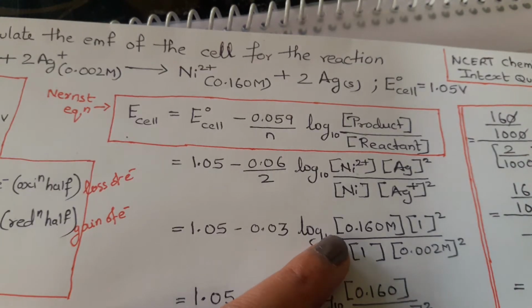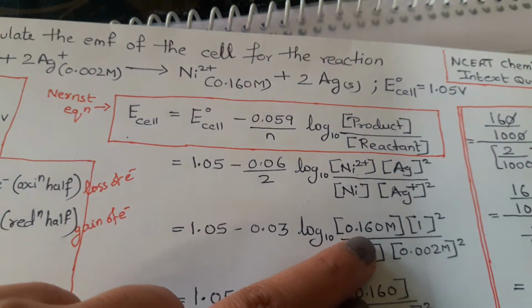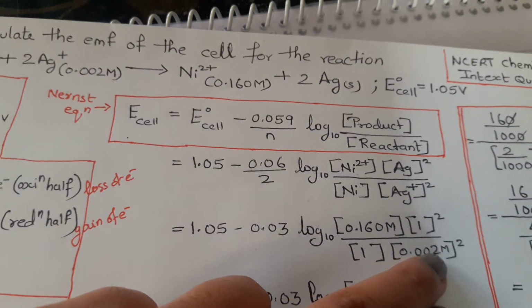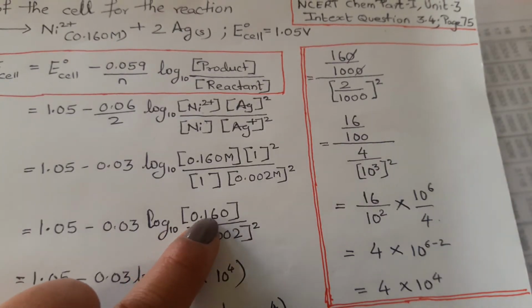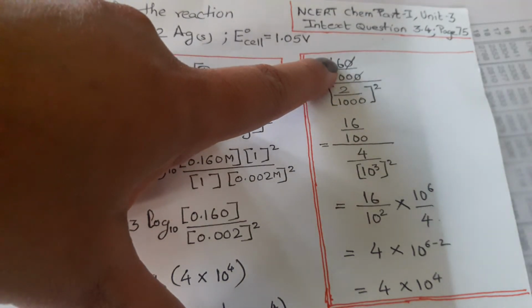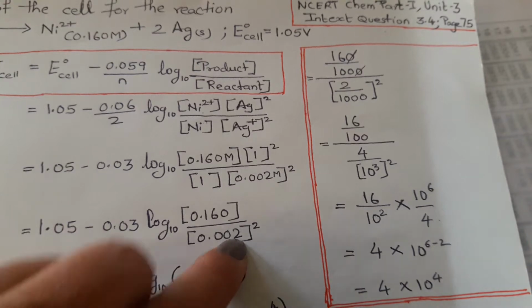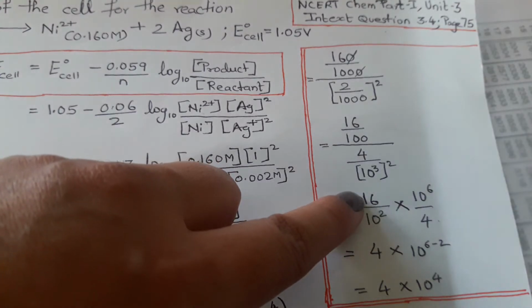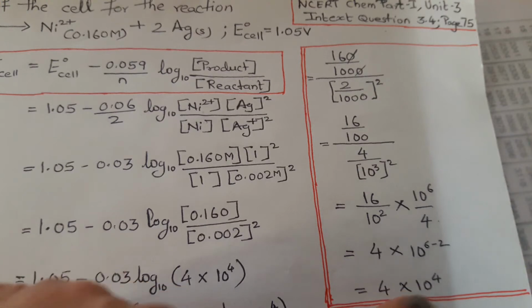In the given reaction, we see that the concentration of Ni2+ is given as 0.160 molar and the concentration of Ag+ is given as 0.002 molar. Upon removing the decimal, we get 160 upon 1000, and upon removing the decimal of 0.002, we get 2 upon 1000, and after further solving it, we get the answer as 4 into 10 raised to 4.